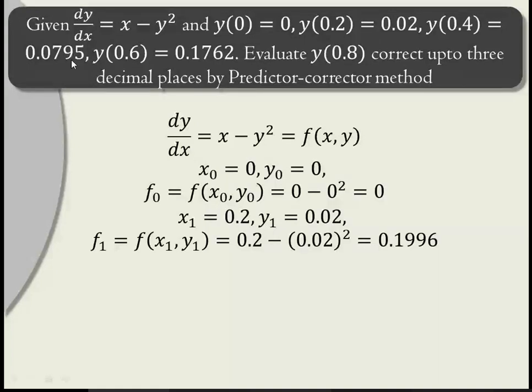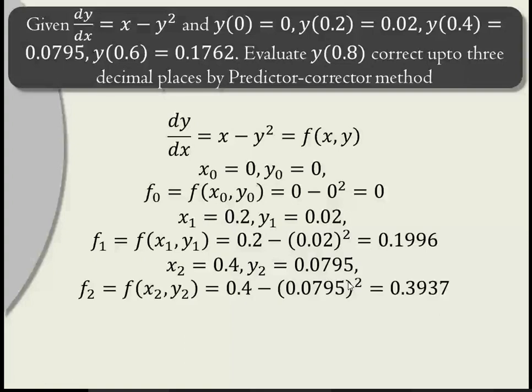So that is x2, y2. So x2 is 0.4, y2 is 0.0795. Get f2 from it. Simple calculation. Putting these values into the function, we get f2. That is 0.3937.